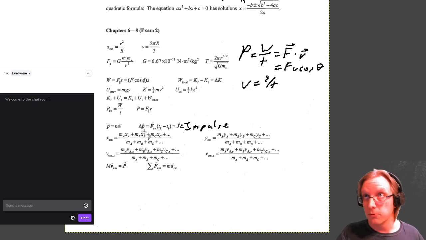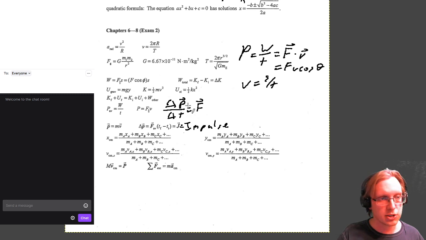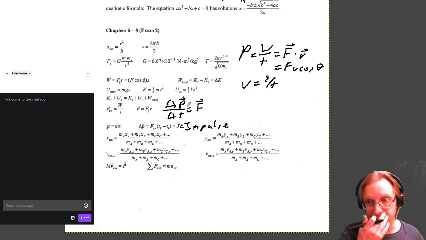And if you rearrange this, you end up with change in momentum vector over change in time is equal to force vector. And if you want to, you could do some calculus on this, and then you could figure out how to make rockets work with the reaction forces.